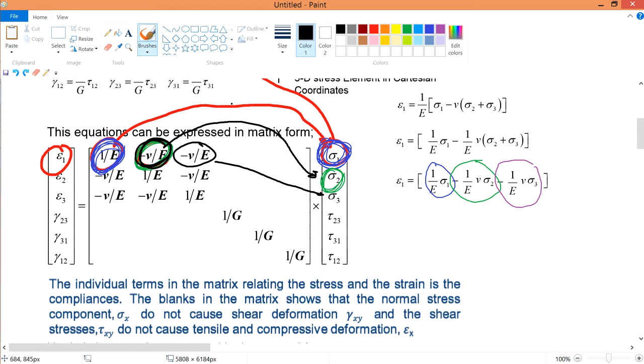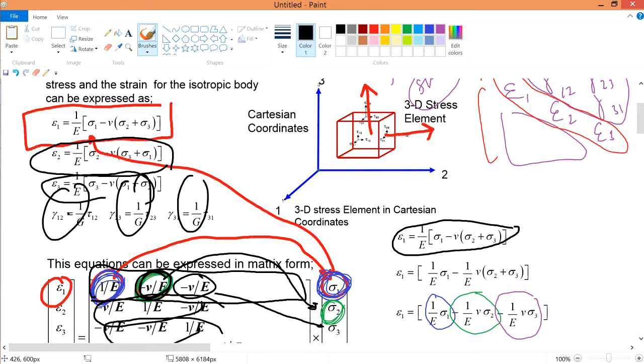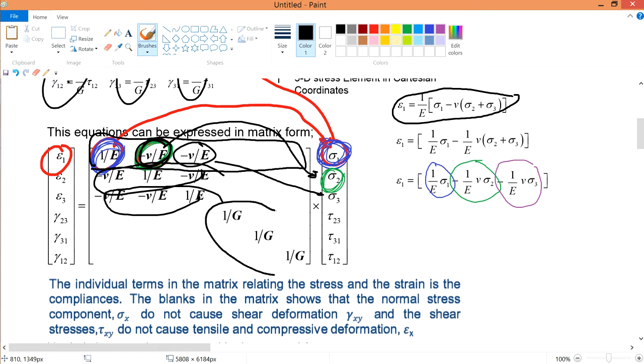So therefore this first row will represent this one. Subsequently the second row will be represented over here, the third row over here, while the rest of the gamma will be represented over here. I'll not go into details, but at least it's pretty clear for you right now.